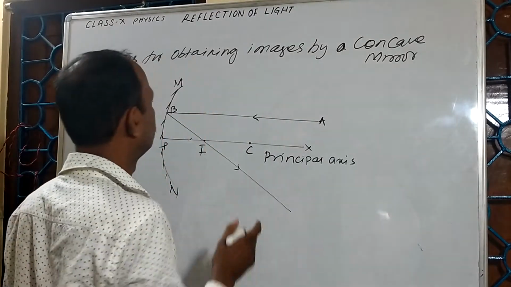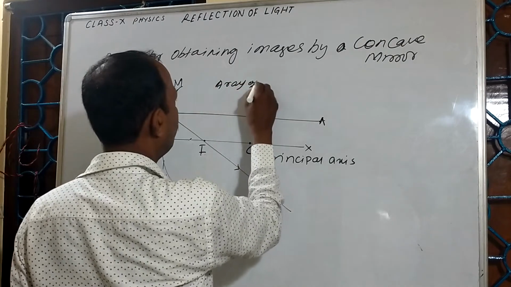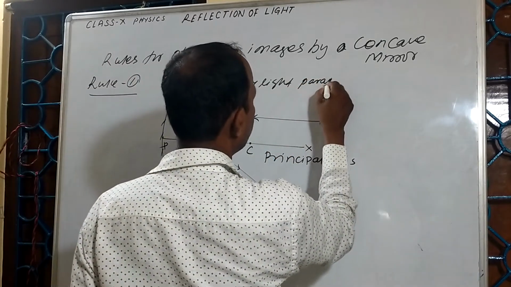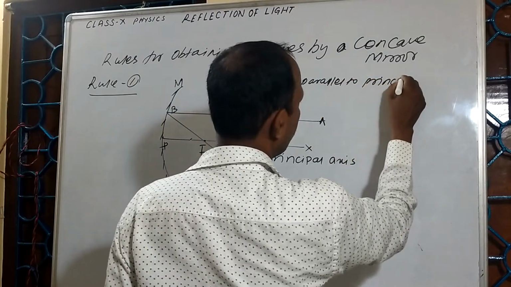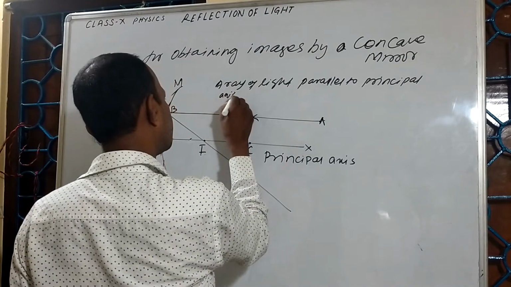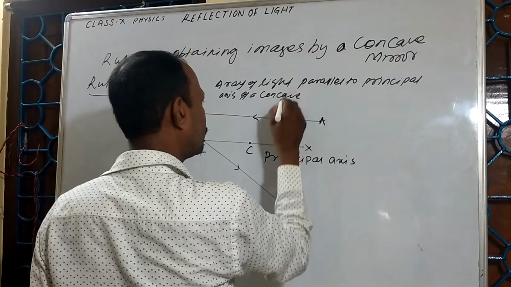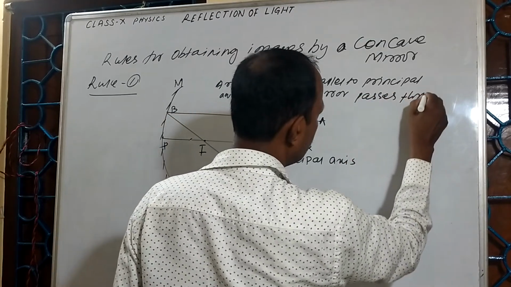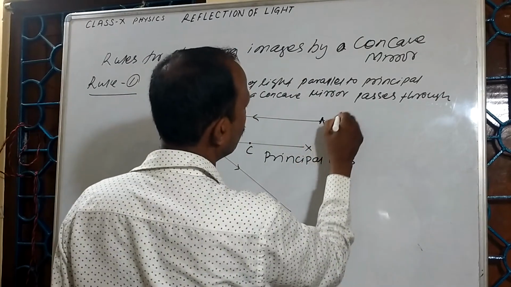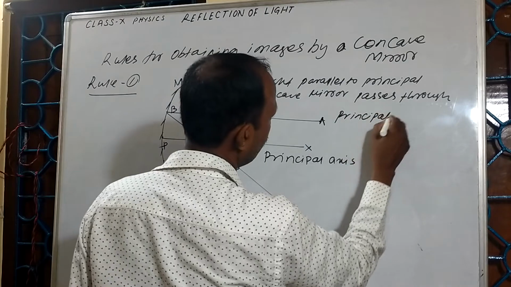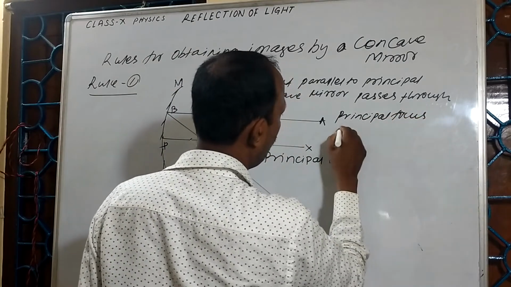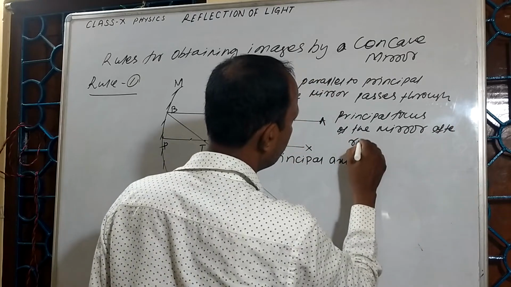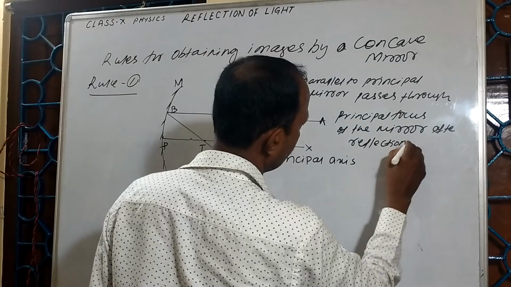I can say that a ray of light parallel to the principal axis of a concave mirror passes through the principal focus of the mirror after reflection.